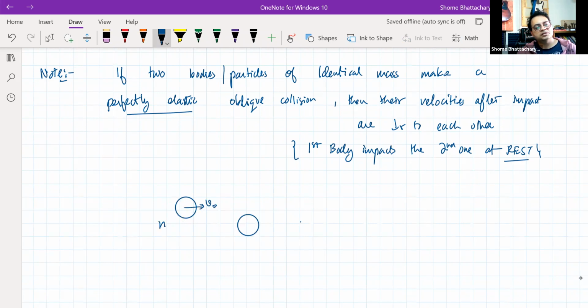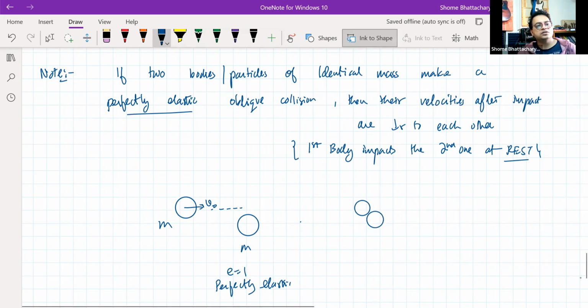So if this situation happens, oblique impact, and e is equal to 1 or perfectly elastic, then by definition what must happen is, after impact, the two bodies must have final velocities which are along perpendicular lines. This angle here has to be 90 degrees.